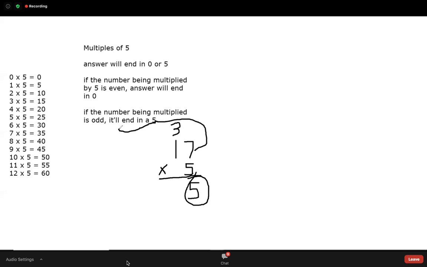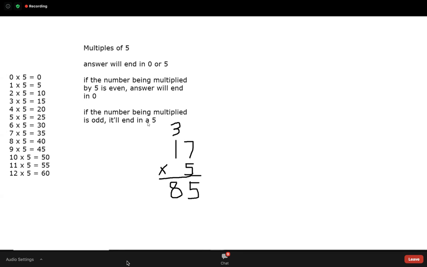So this rule tells us it'll end in a 5, so we know we're going in the right direction. Then 5 times 1 is 5. And we need to add this 3. So 5 plus 3 is 8. So our answer will be 85.